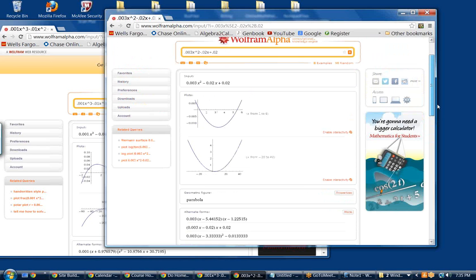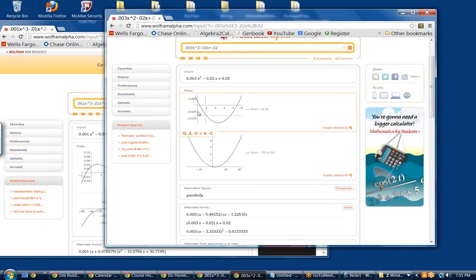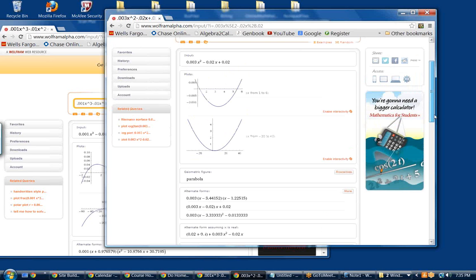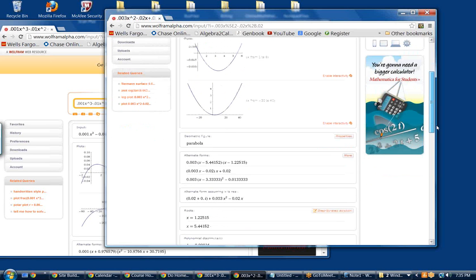How can that be 1.22? That point right there. There's 1. Wow, their graph is amazingly inaccurate. You see the problem here?